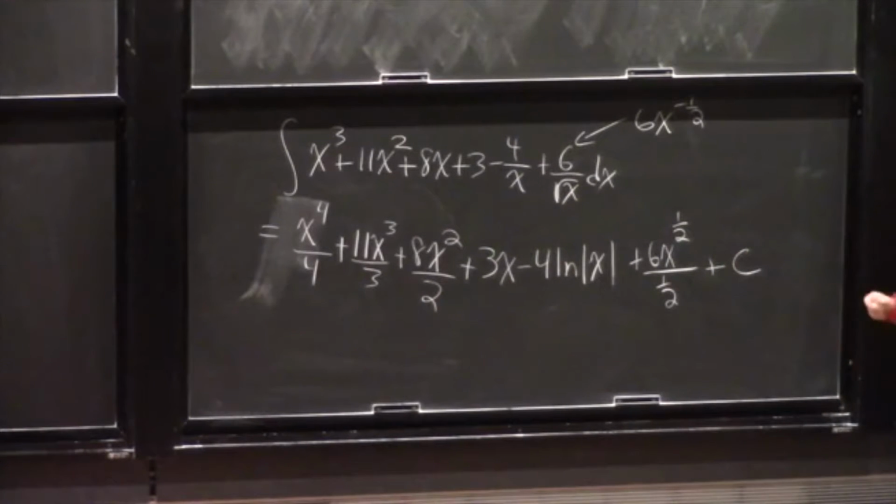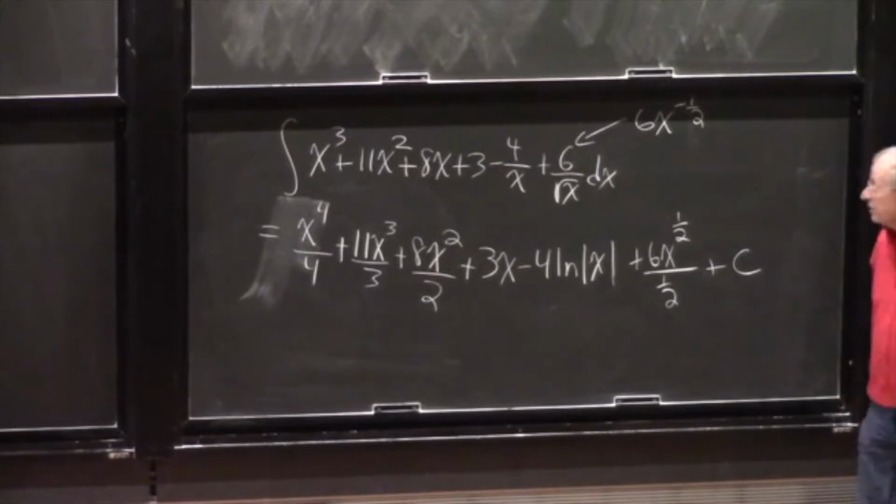Notice, we don't write a plus c for each of the terms. You can just do one big plus c at the end. Since you haven't figured out what c is, it doesn't really matter until you actually calculate it. This could be simplified a bit.